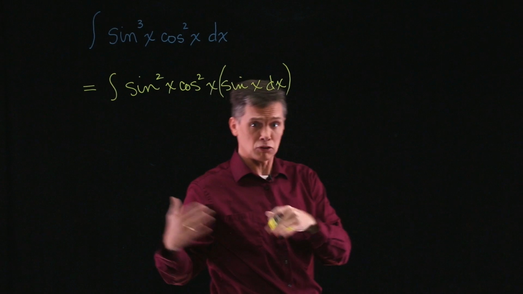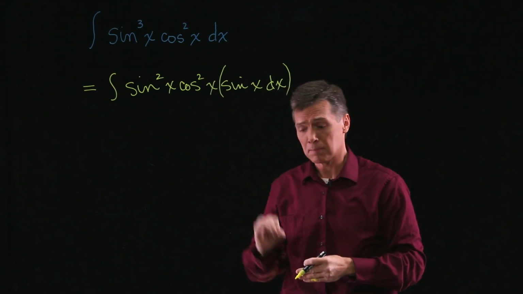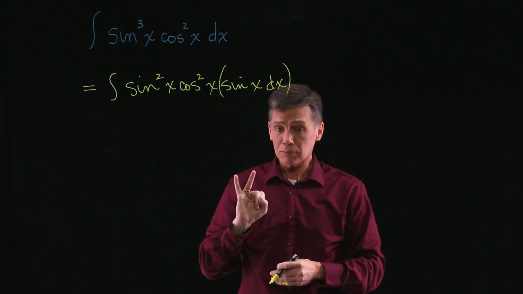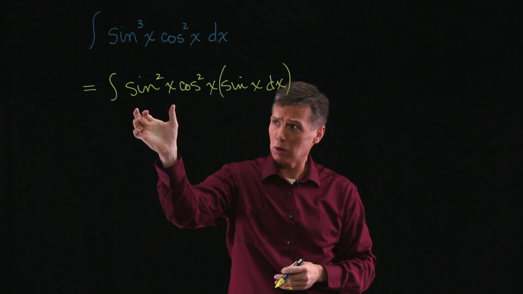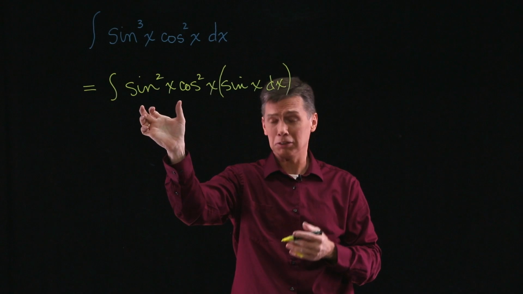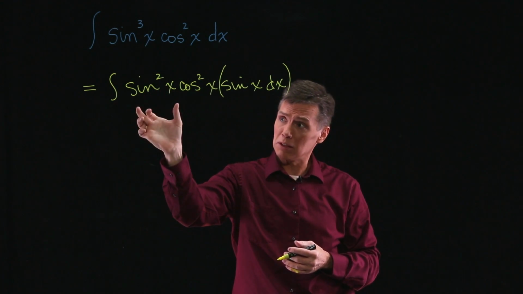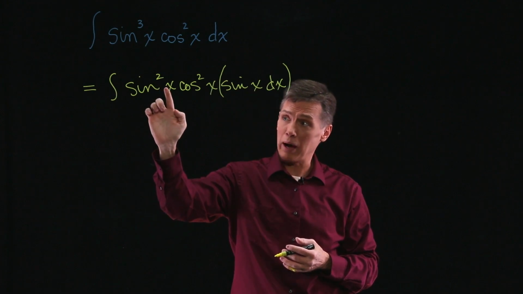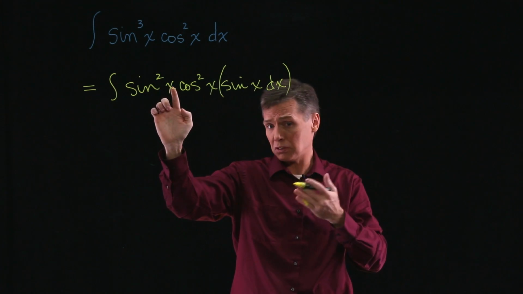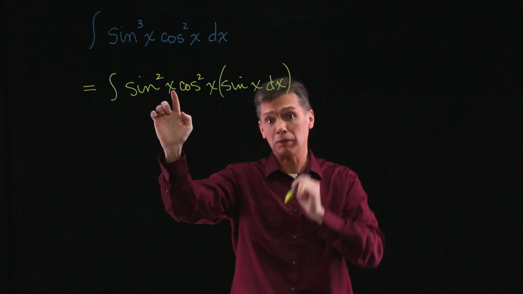Because we do that stripping off of one factor of sine for two reasons. One is because if you had an odd power of sine and you took one off, you now have an even power of sine, right? And so we're going to rewrite this using the Pythagorean identity. I only have two powers left over, but you could have 2, 4, 6, 8, anything, but it'll be even.